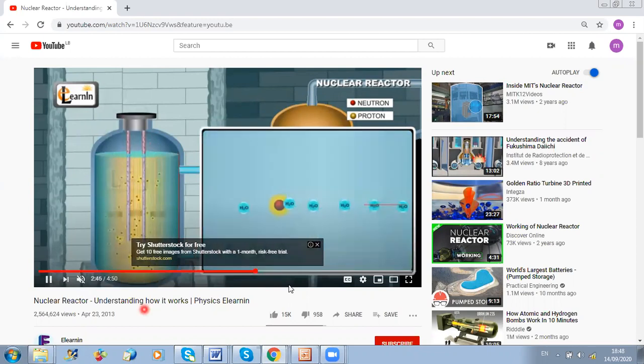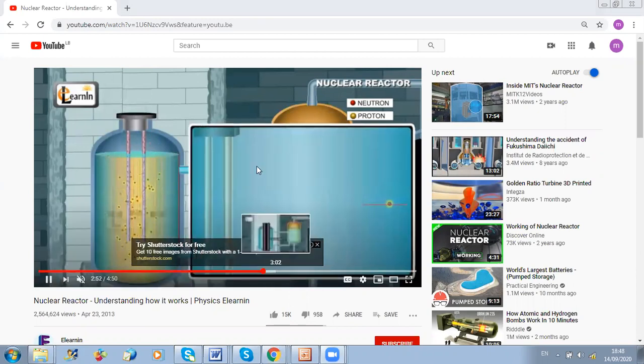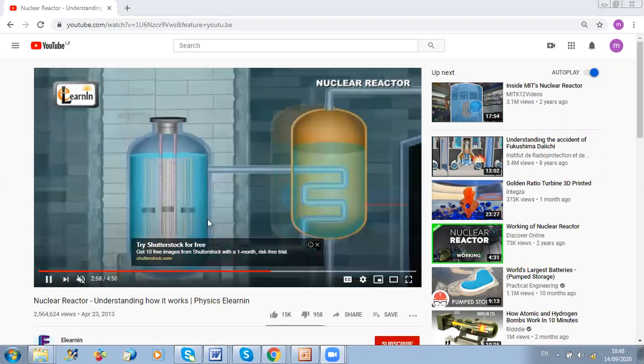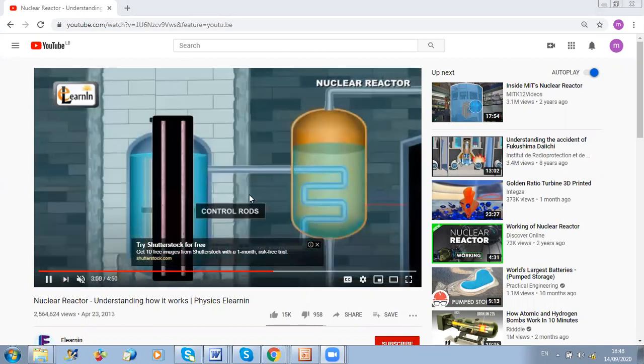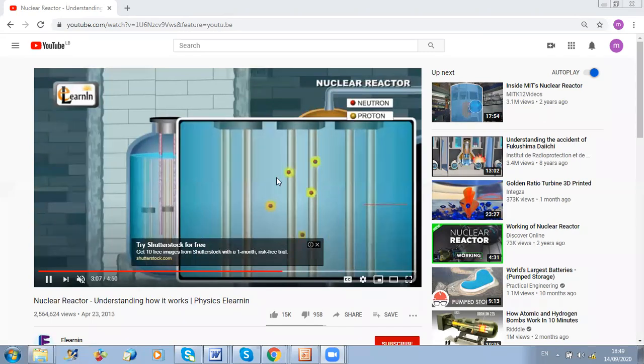Here you can see how, when you have neutrons moving at very high velocity, water will slow them down, and the rods can absorb the excess neutrons if you want to slow down the rate of fission.